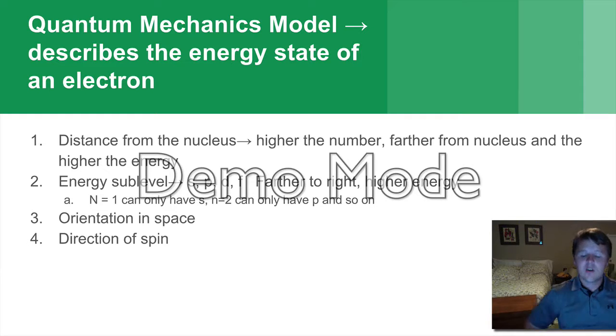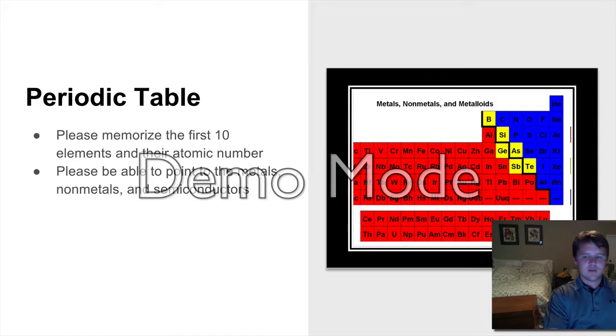Higher the number, farther from the nucleus, and the higher energy. So a 4s orbital has more energy than a 1s orbital. That might be good to know too. Orientation in space. Some orientations have more energy than the others. And the direction of spin.